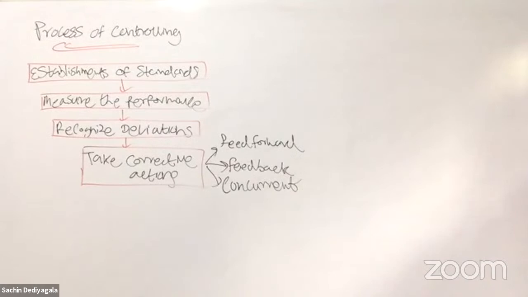So that's the four steps, easy to remember, not like the planning process where you have so many steps. Just four steps: establishment of standards, measure the performance, recognize the deviations, if any, and take the corrective actions. And right after that, I'll come to the screen and we'll explain step by step what each step describes.